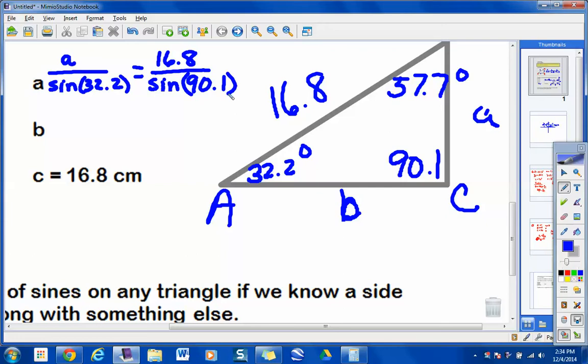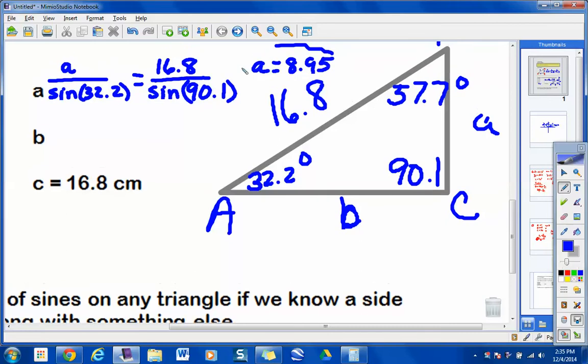How much is it again? 8.95. You guys double check, see if we agree. Are we good to go there? I know I'm going quickly, but does this make sense? Good? All right, so we think a is what value? 8.95.